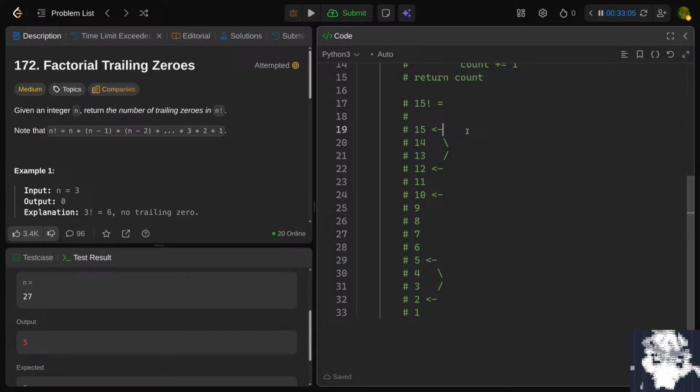This 12 and this 15 don't go away. When you multiply them together, you get 210. Which, when you divide the 10 out of that, leaves you with 21.